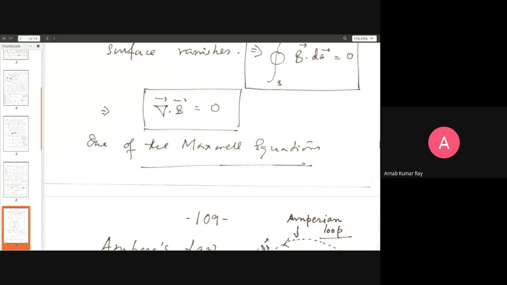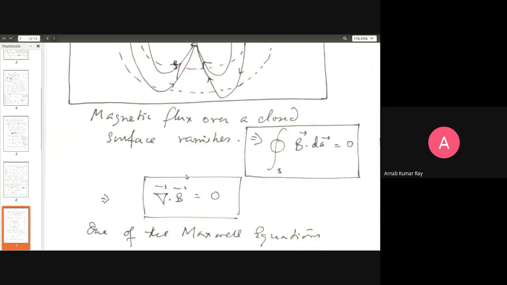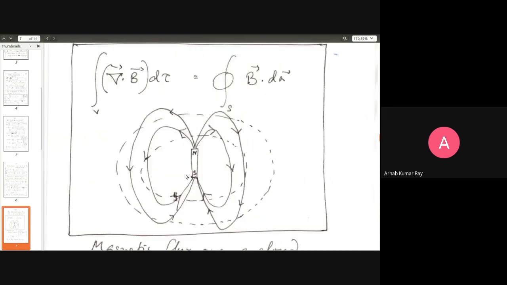Just look at Stokes's curl theorem: curl of a vector integrated over a surface goes to a line integral. But here, there is no loop. The volume integral is collapsing on a surface integral. Loop implies integral dl, a line element, integrated over a line. This is a closed surface integral.